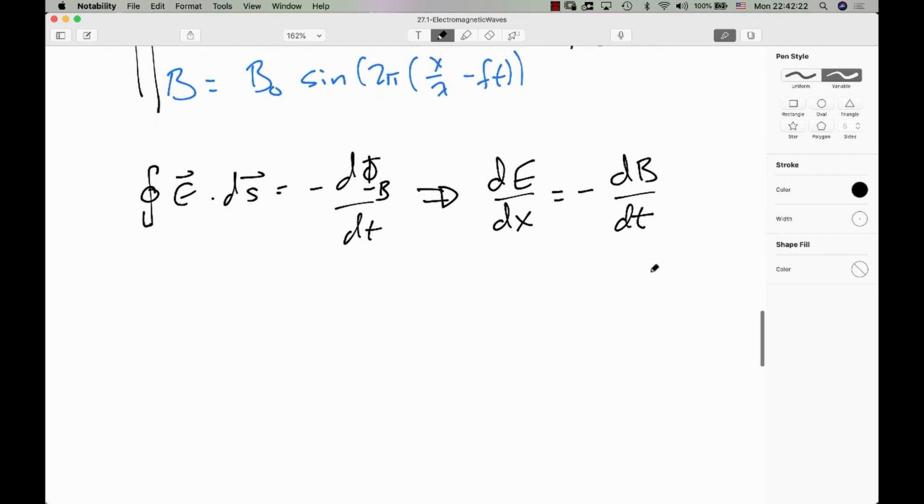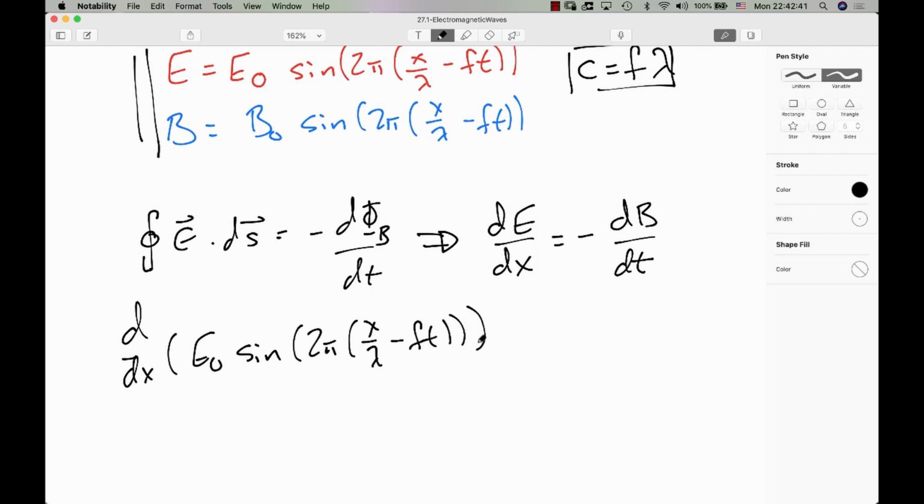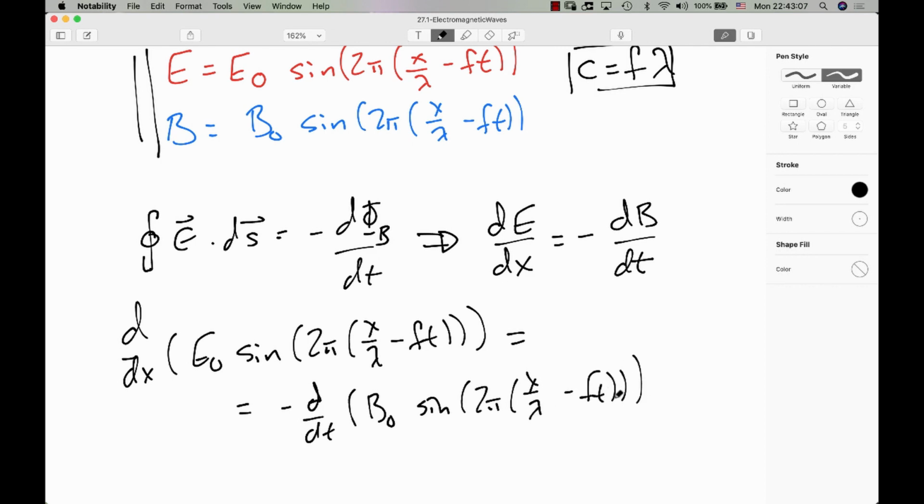So we will have d/dx of E naught sine of 2 pi x over lambda minus ft, and that will equal minus d/dt of the expression in blue here, B naught sine of 2 pi x over lambda minus ft.